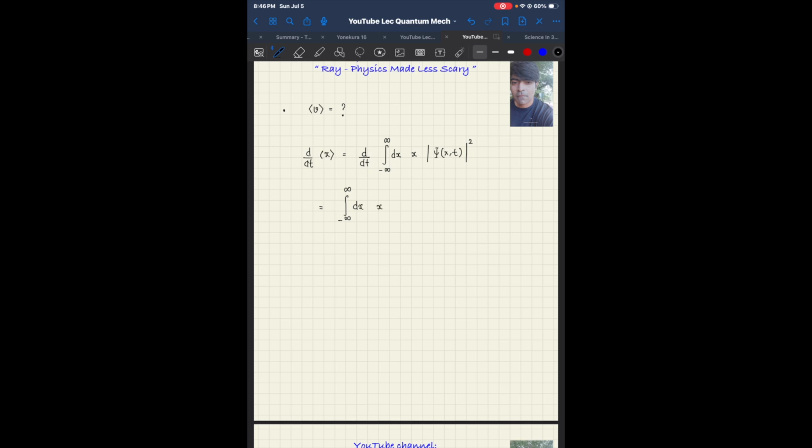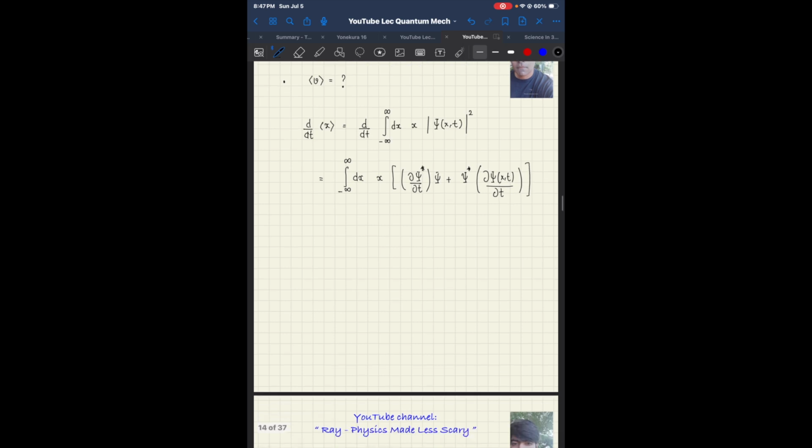Note x has nothing to do with t, so I can write this as x times (del psi star/del t times psi plus psi star del psi/del t).